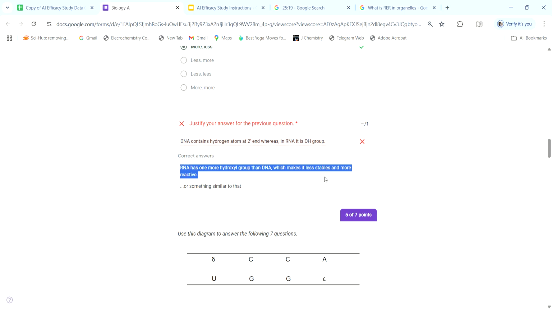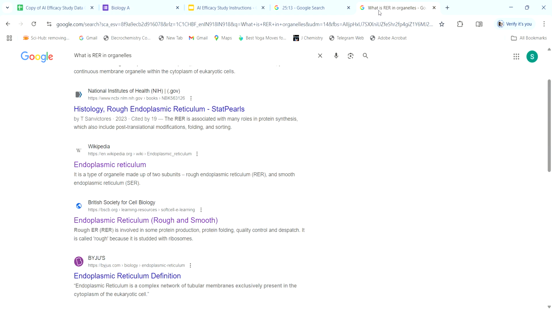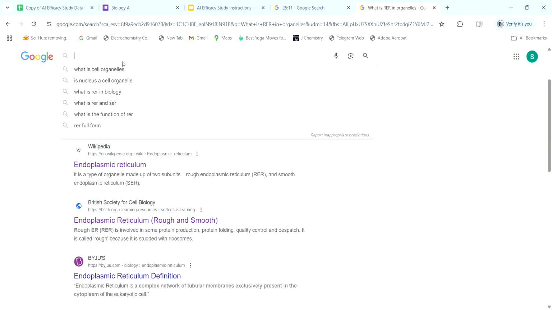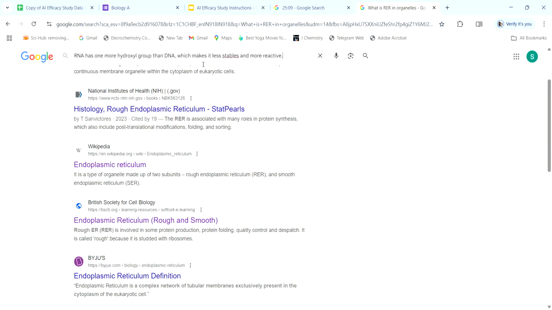Okay, why? I can check why it is more reactive. So why does this make RNA less stable and more reactive.